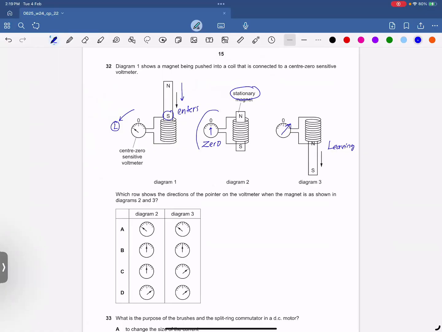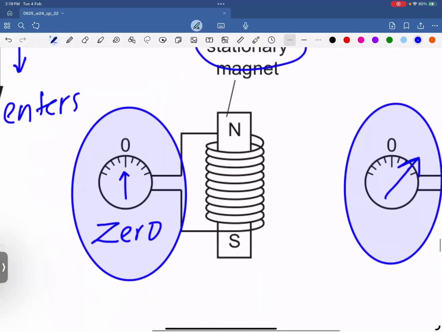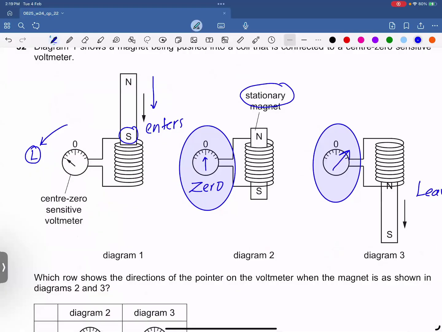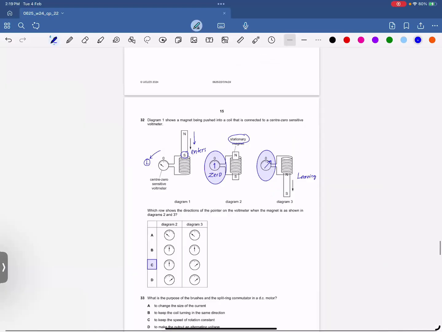So the right option is 0 here and the right center here. Option C. When it is stationary, no EMF is induced, 0. If entering is to the left side, then leaving will be to the right side.